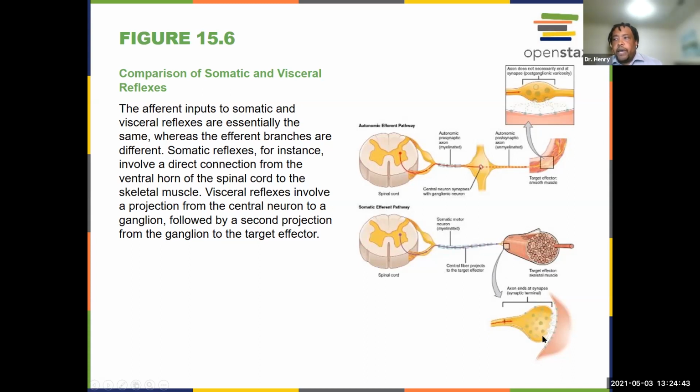So in this case, you have those terminal ends, where you have the bulb and the vesicles being released in the synaptic connection. In one case, it's more of a travel, like we're traveling through, and so you're not getting to that terminal end. In the other case, it's located at the very end, and you're directly connecting with that target effector.